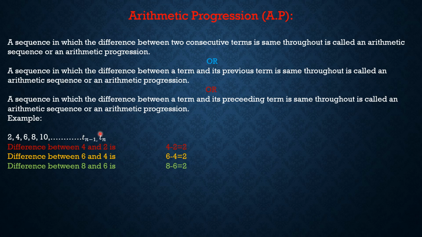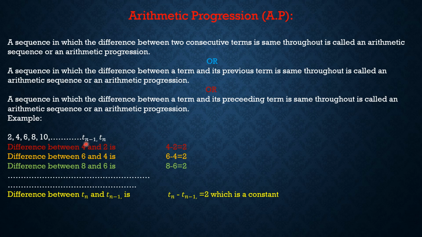So if we try to find out the difference of last two terms, that is tn minus tn minus 1, it must also come 2. It must not come 3, 4, 5 or any other number. If it comes any other number, then this sequence is not an AP. Is this clear?